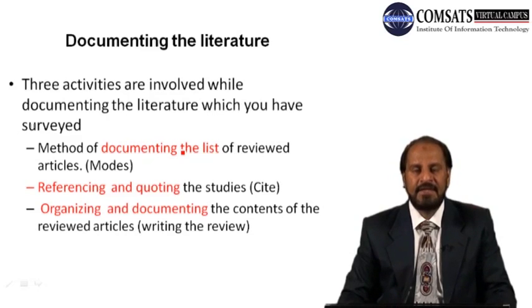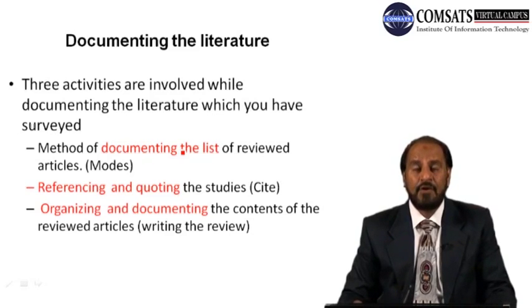This activity involves developing a detailed list of the articles which you have reviewed. What you tend to do is document it. You keep a record of which article you have reviewed, who the author was, when that article was published, what year this article was published.